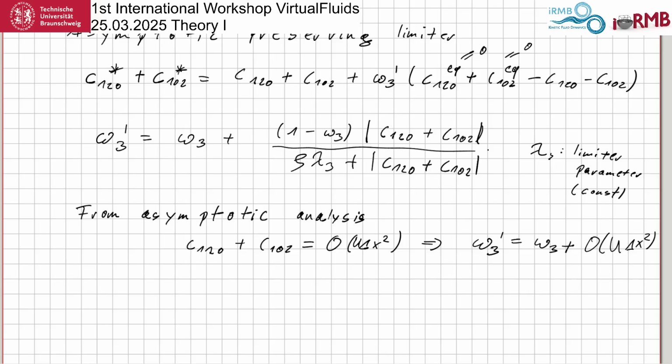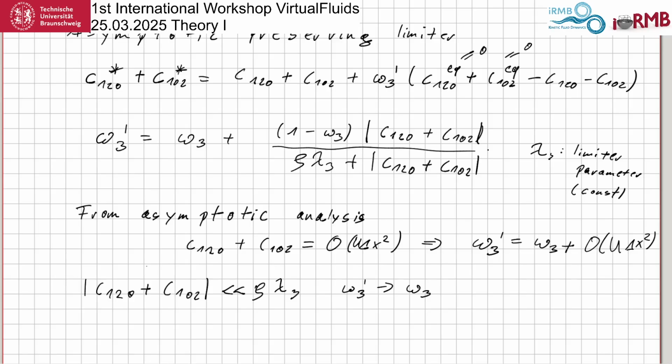Yeah, and what it physically then does is, if these things are much smaller than rho times lambda 3, then omega 3 dash goes to omega 3.